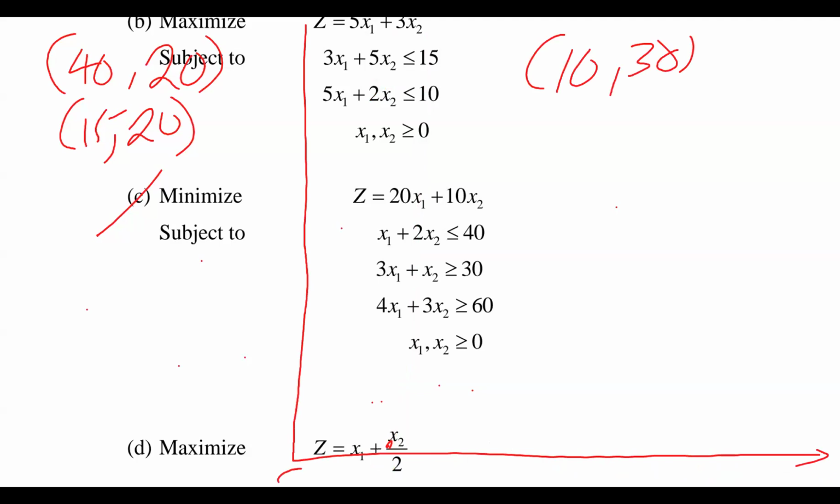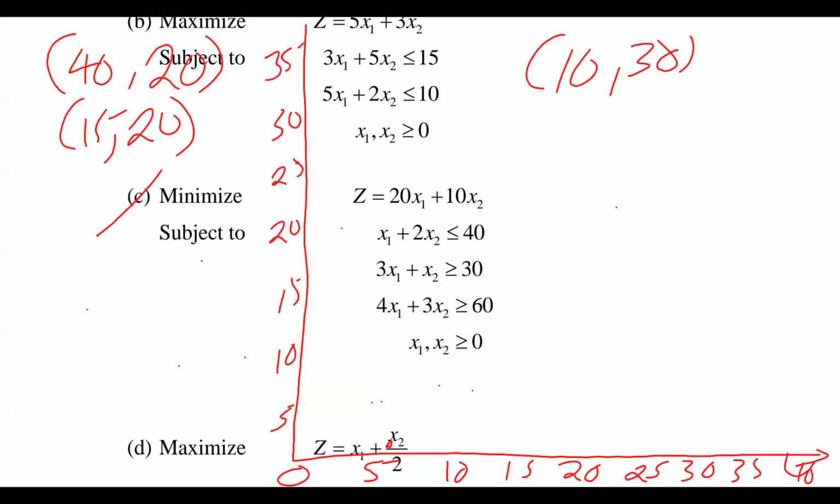Okay? 0, 5, 10, 15, 20, 25, 30, 35, and 40. And then you start 5, 10, 15, 20, 25, 30, 35. x2 and x1.